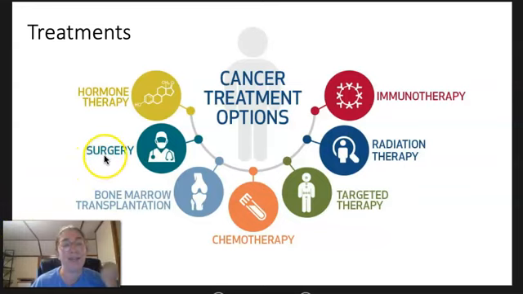If a single cancer cell is left behind, it could continue to proliferate and spread. And so it has to be a very well-defined cancer in order to be treated just with surgery. Sometimes it will be treated with surgery and then also with additional therapy like immunotherapy, radiation therapy, or chemotherapy.